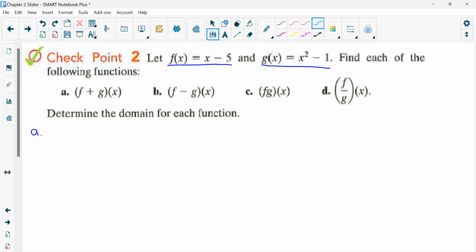So for letter A, when we do f plus g of x, remember that means we're taking the f of x function and adding to it the g of x function. So the f of x function is x minus 5. The g of x function is x squared minus 1, and I'm just putting a plus sign between them.